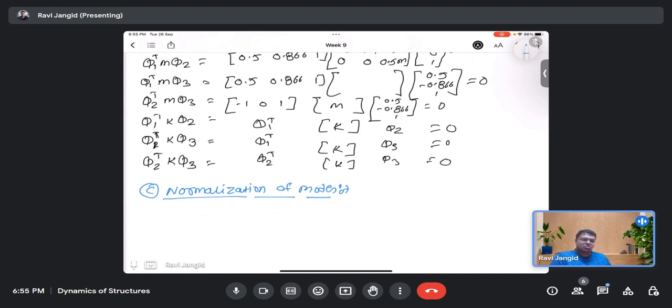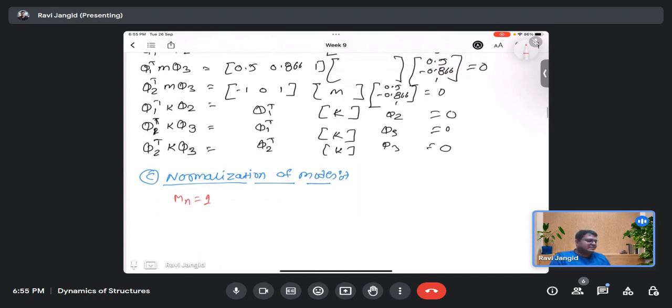In the question itself it is given that Mn should be 1. So first I will calculate what is coming. First calculate M1, which is phi 1 transpose mass matrix phi 1.